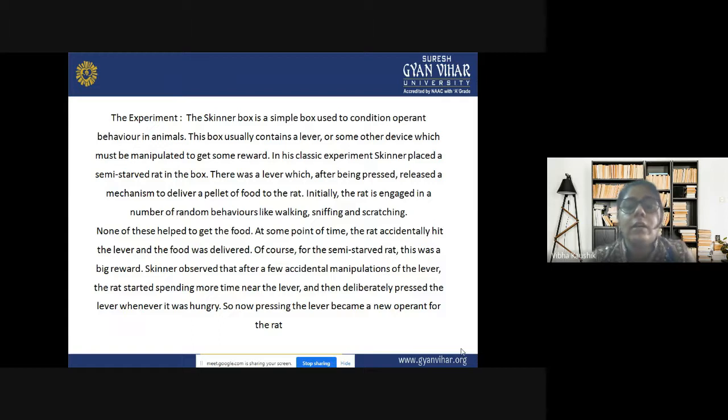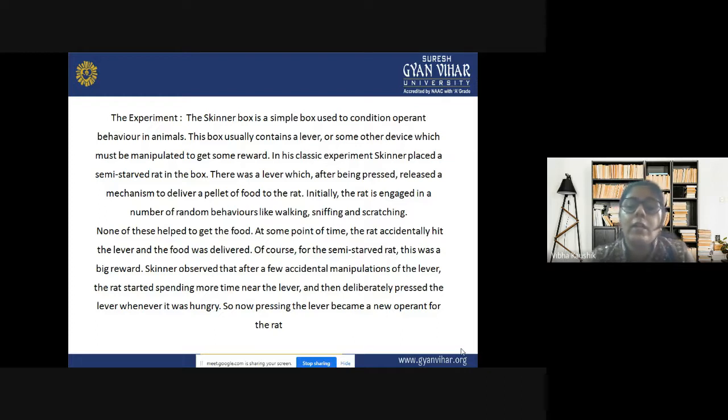Means the rat has to press that lever, and when the rat presses that lever, it will deliver a pellet of food. Initially, the rat is engaged in a number of random behaviors. To get the food, the rat has to manipulate that lever.